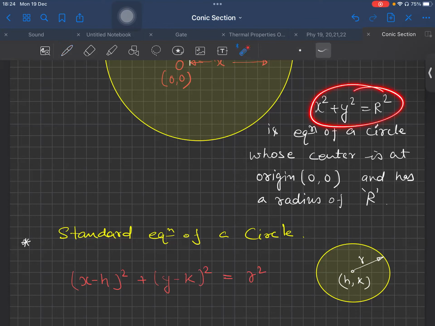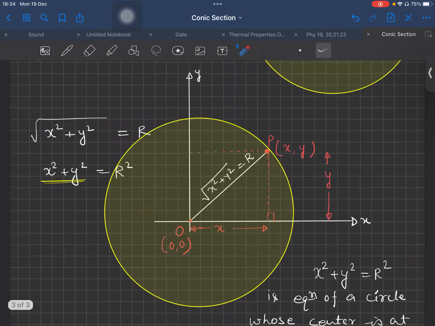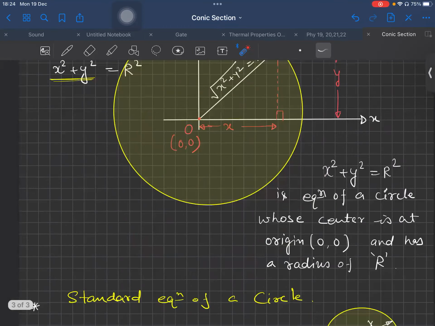Here it is centered at origin, that means the value of h is 0, k is also 0. Then it will become the same equation, right? That means it will become the same circle. Yes or no?